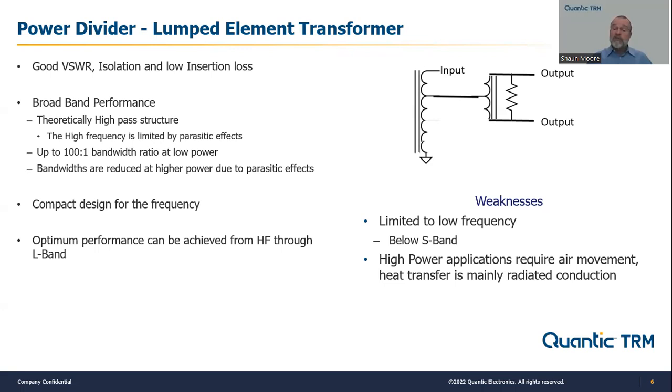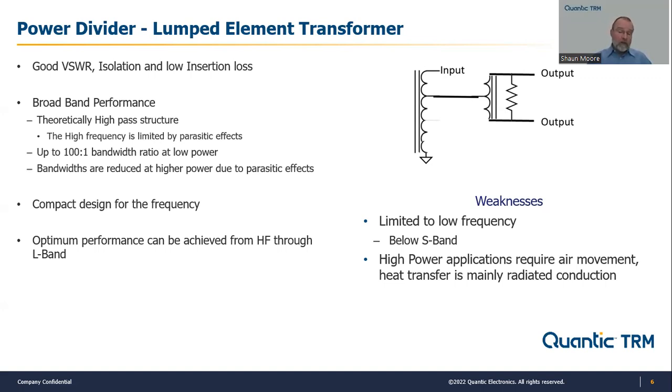Since this is a wire wound lumped element sort of device, theoretically, this is a high pass structure, meaning that the low end is set by the inductance of the transformers, and therefore it will work as an impedance transformer for all frequencies above there.